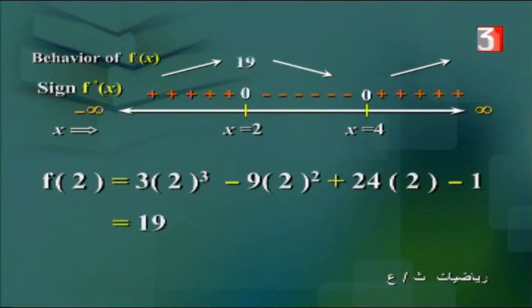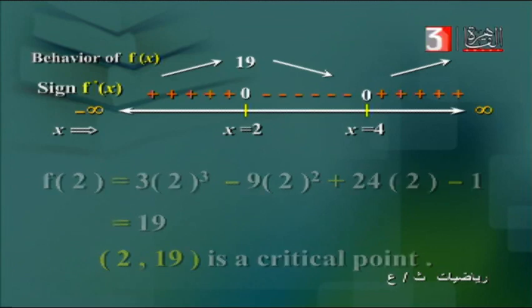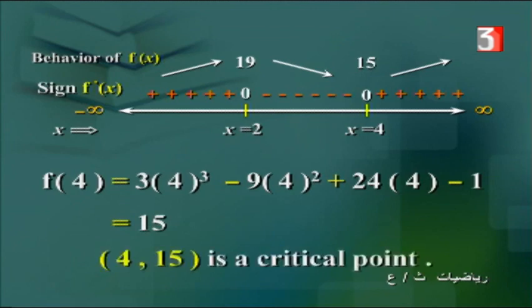Then the point 2 and 19 is a critical point. And when x equals 4, f of 4 equals 3 multiply 4 power 3 minus 9 multiply 4 power 2 plus 24 multiply 4 minus 1, which equals 15. Then the point 4 and 15 is a critical point.